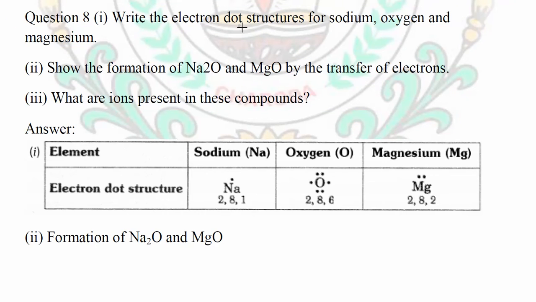First, it is asking that we write down the electron dot structure for sodium, oxygen and magnesium. So what is an electron dot structure? It is also termed as the Lewis dot diagram.